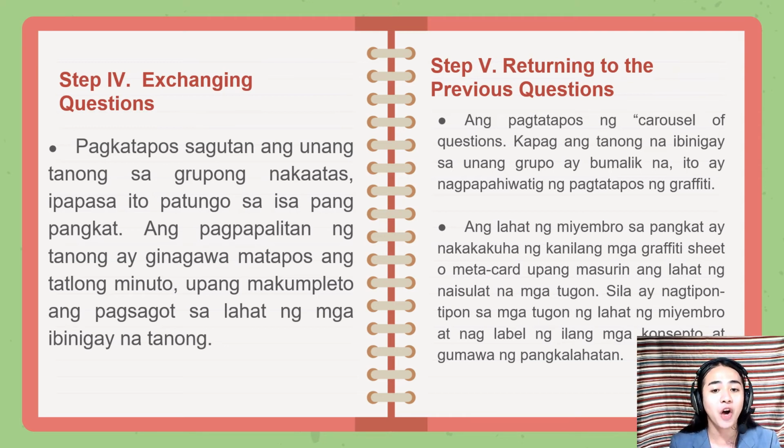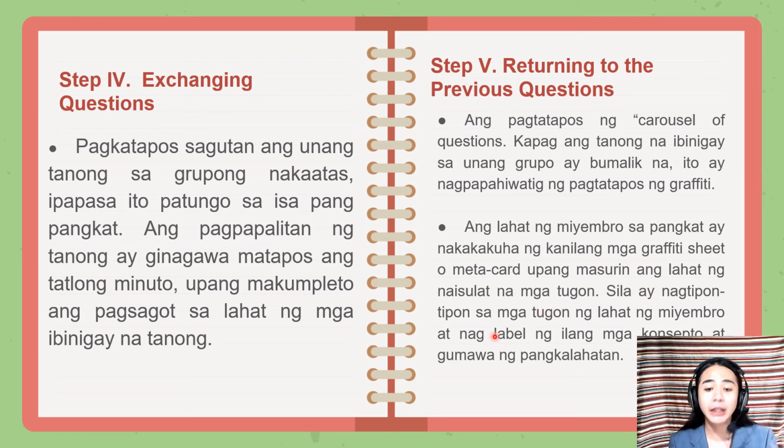At ang step 5, returning to the original questions, ito ay ang pagtatapos ng carousel of questions. Kapag ang tanong na ibinigay sa unang grupo ay bumalik na, ito ay nagpapahiwatig ng pagtatapos ng graffiti. Ang lahat ng miyembro sa pangkat ay nakakakuha ng kanilang mga graffiti sheet o meta card upang masuri ang lahat ng isinulat na tugon.